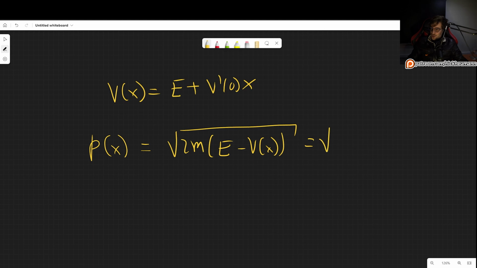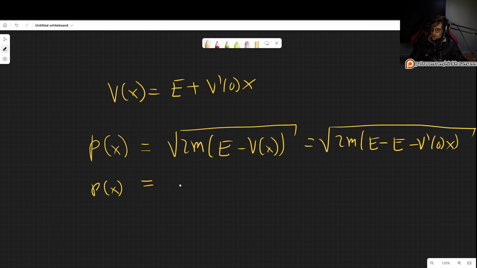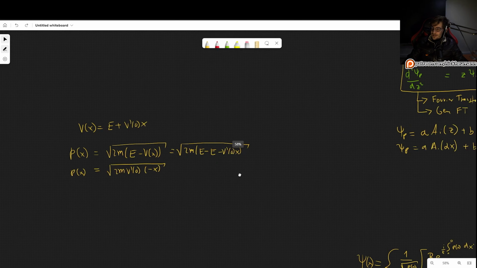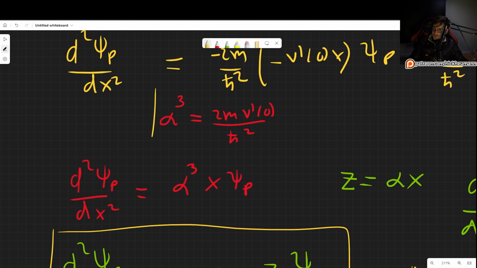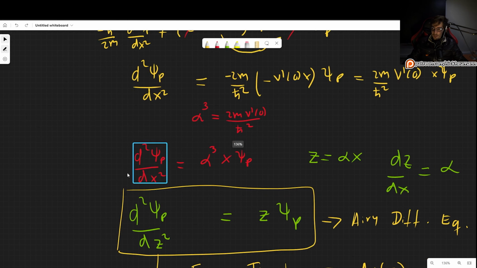So this will be square root of 2m (E minus V prime of 0 x). So the E's cancel out, and we get that the momentum is going to be square root of 2m V prime of 0 times minus x. But notice that this thing, it might look familiar, and if it does, it's because we have already seen something like this. We saw that alpha cubed is 2m V prime of 0 divided by h bar squared.